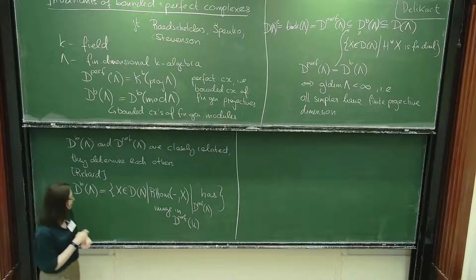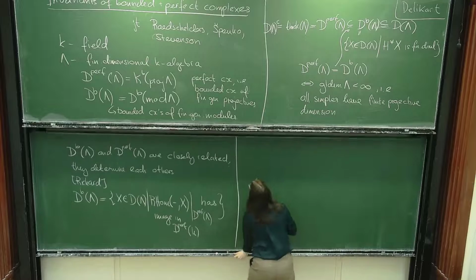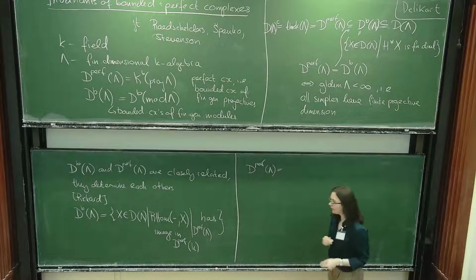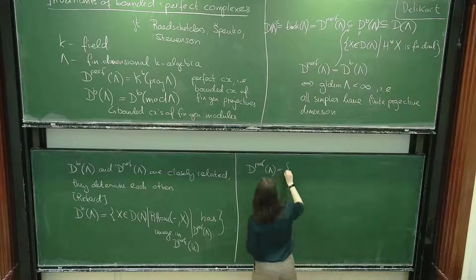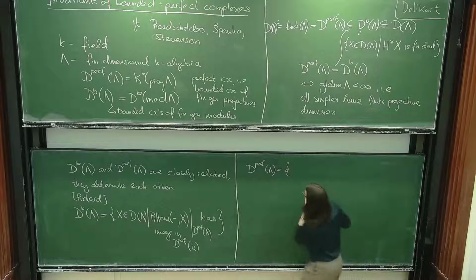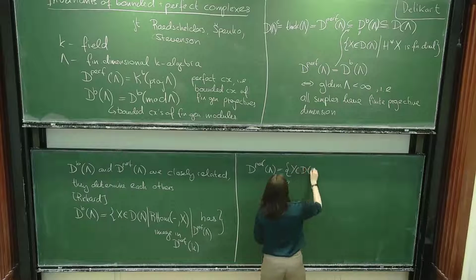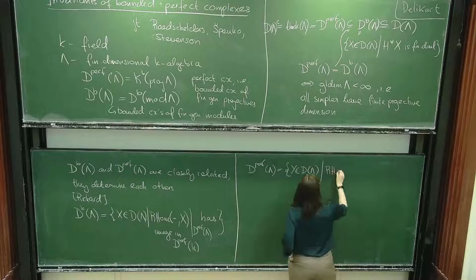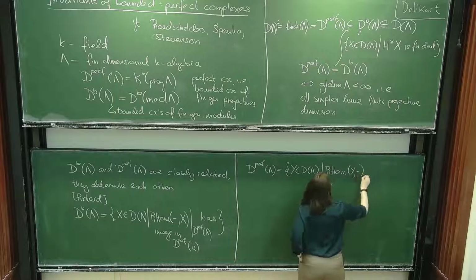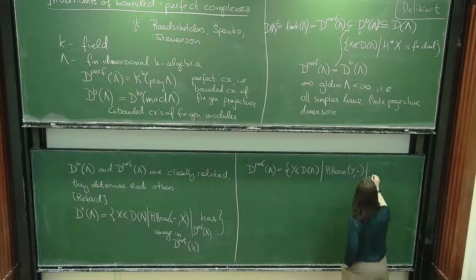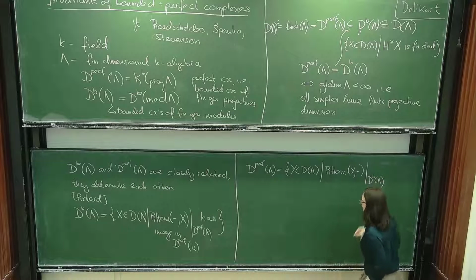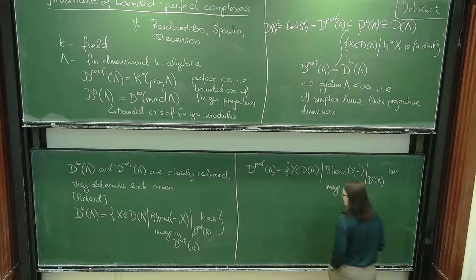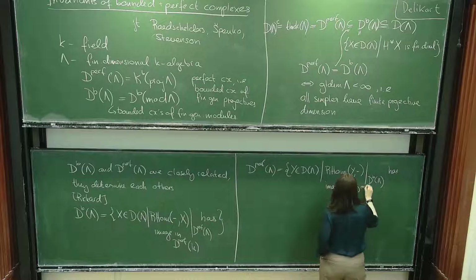You can also go back. You could write dperf lambda analogously in terms of dB lambda as just being all the objects in the derived category such that if you take our hom out of these and you restrict to what we start with, dB lambda, then this has image in the same subcategory, image in dperf of k.